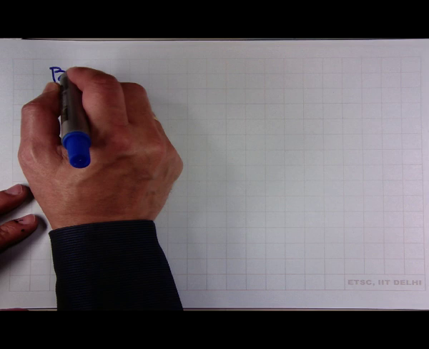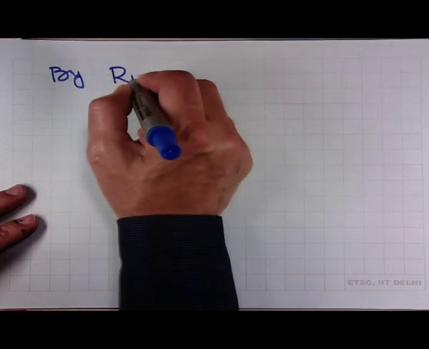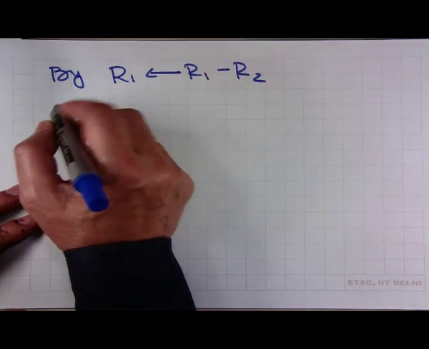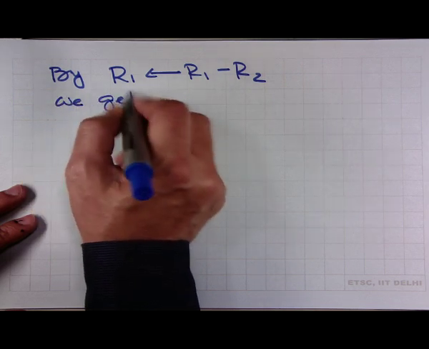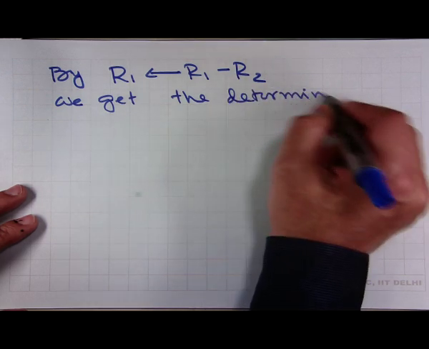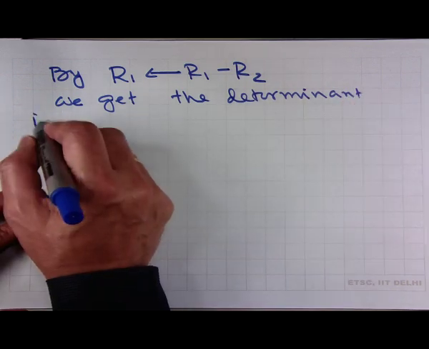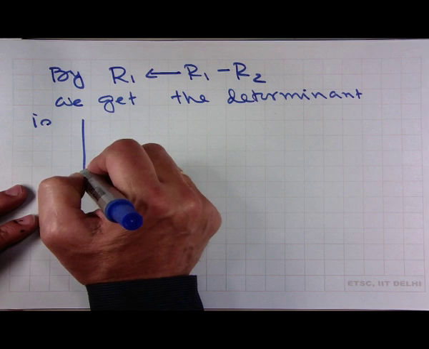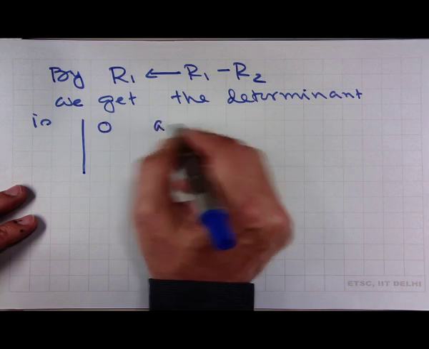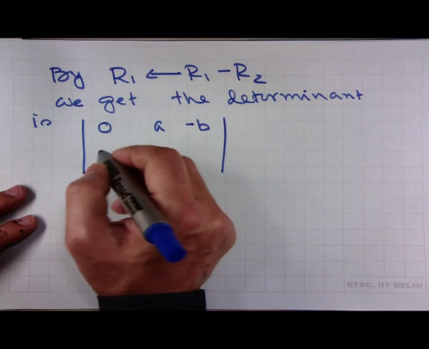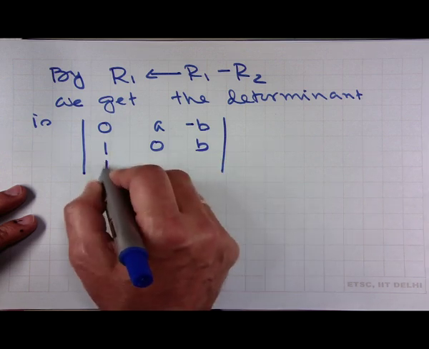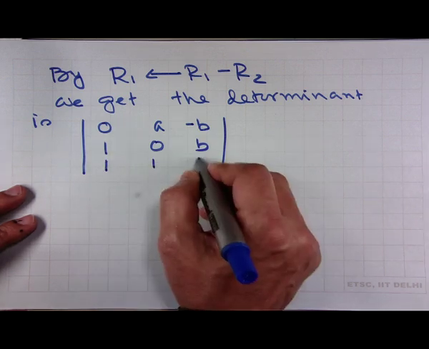By replacing R1 by R1 minus R2, we get the determinant is [0 A-B 1; 0 0 ... ] zero, A minus B, 1, 0, B, 1, 1, 1.